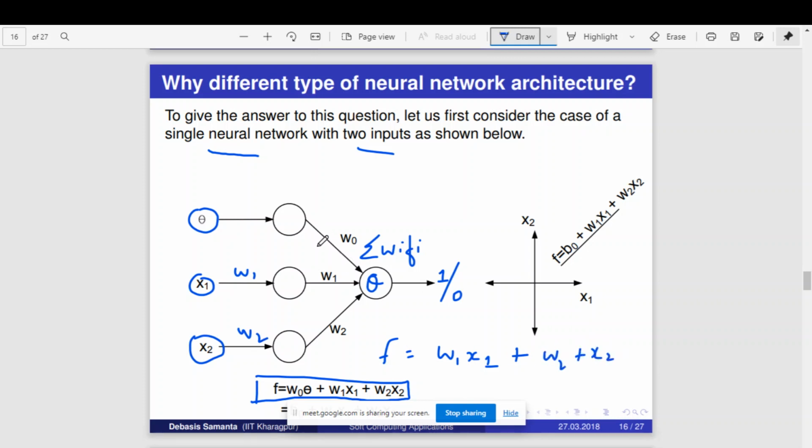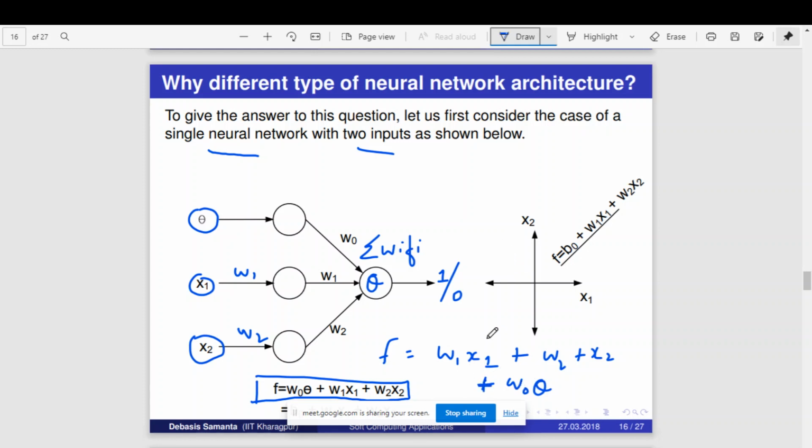We have to check whether this entire thing is greater than theta or not. Theta can also be brought into this equation by adding a weight parameter, W naught theta. But you should understand theta is not a part of the input. It is a threshold limit, but it can also be written in this equation.